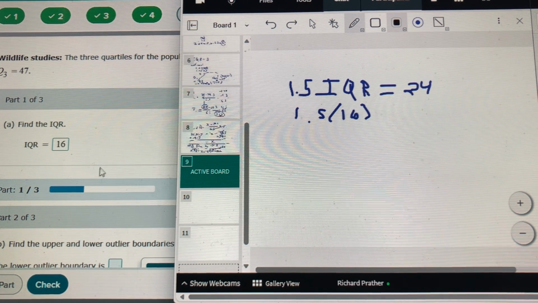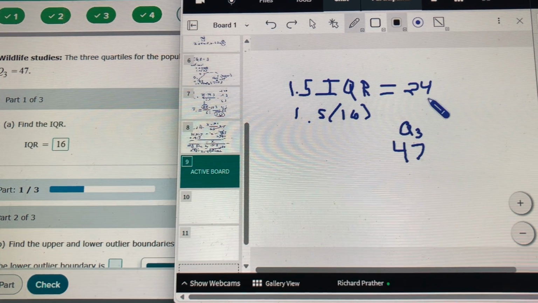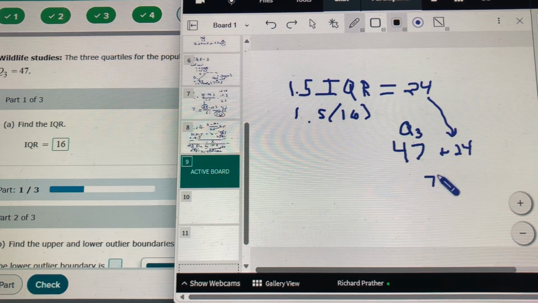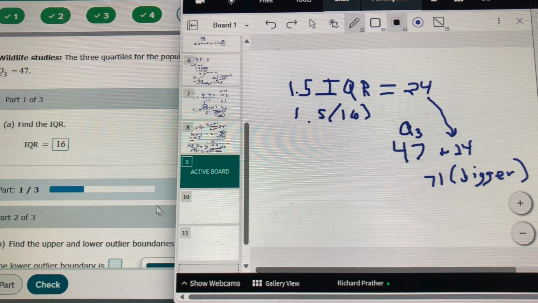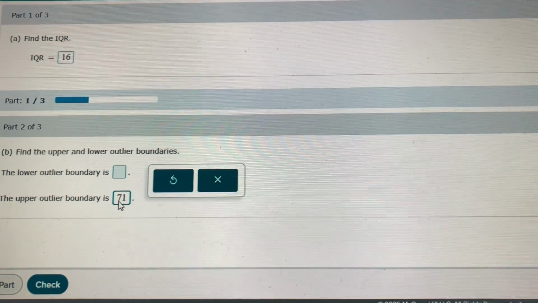The upper quartile was 47. You always add this amount to the upper quartile. 47 plus 24 is 71. You must be bigger than 71 to be an outlier. You have to be this tall to ride this ride at the amusement park. That's the upper outlier boundary. Anything bigger than 71 is an outlier.